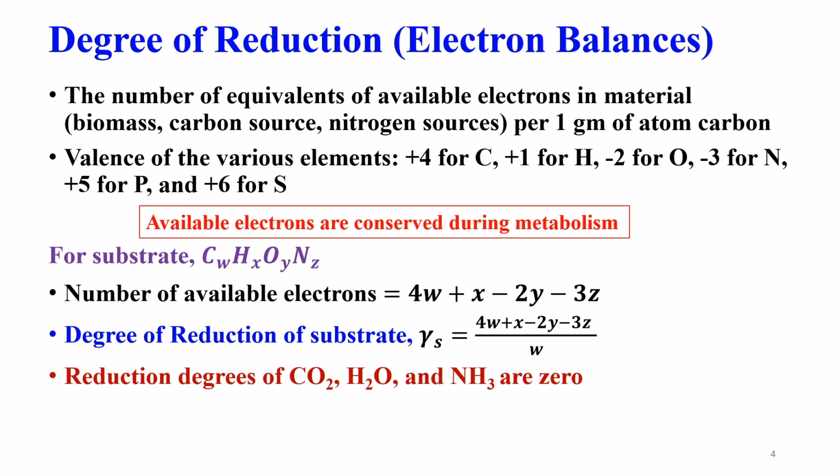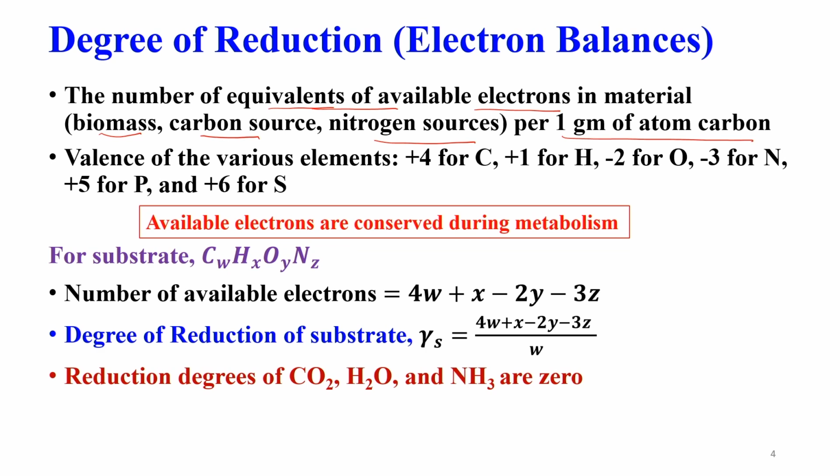To start with, let us define what is degree of reduction. The degree of reduction is defined as the number of equivalents of available electrons. This equivalent is based on the carbon atom in a material, and this material can be your biomass, carbon source, or nitrogen source, per gram atom of carbon. That is why we are calling it an equivalent. Now, how to proceed with this?